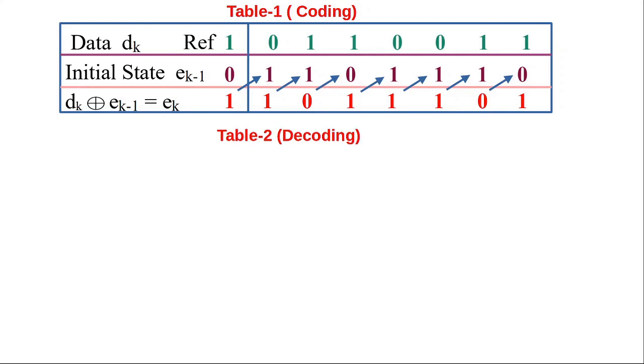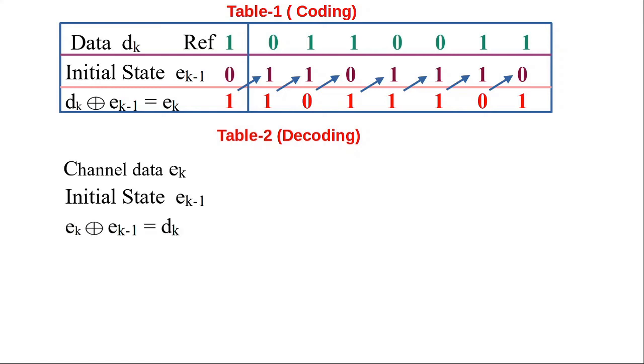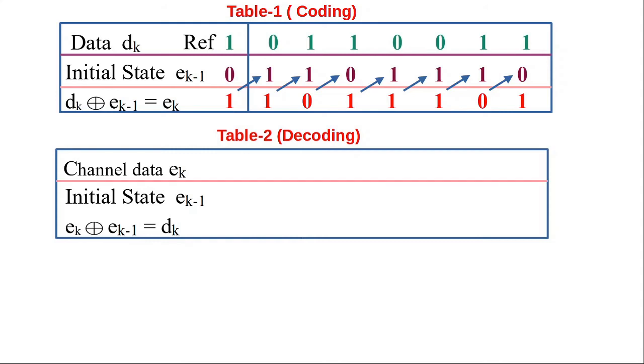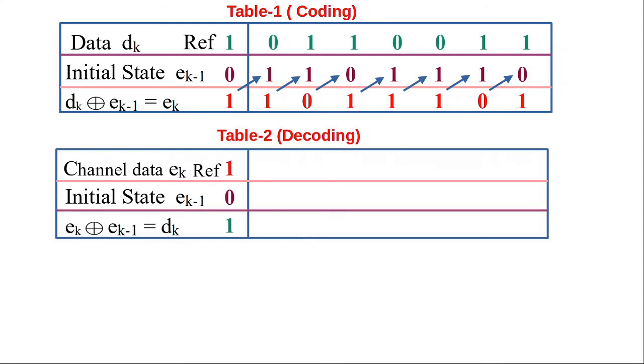Now consider the decoding without any bit inversion. In that case, table 2, as we have already discussed earlier, it is clear from this.